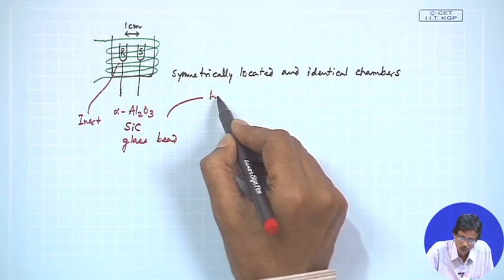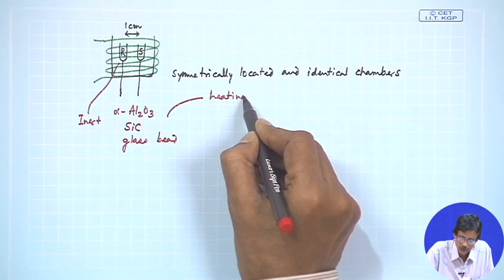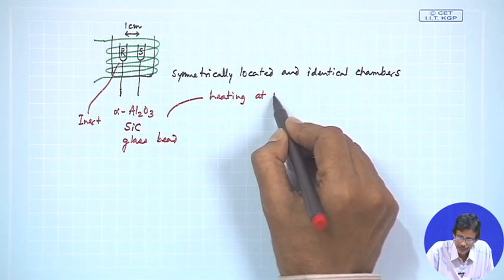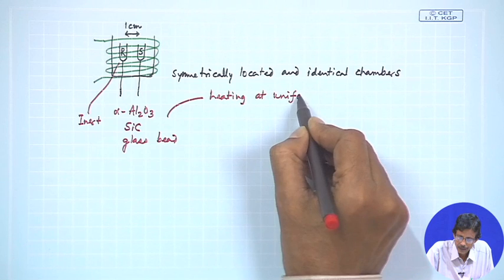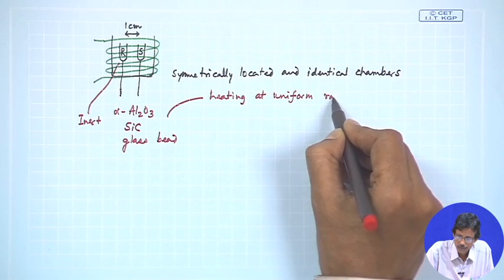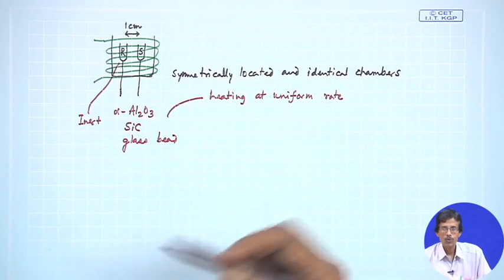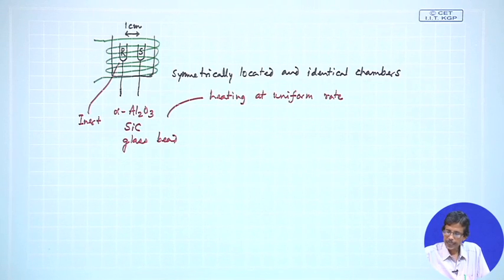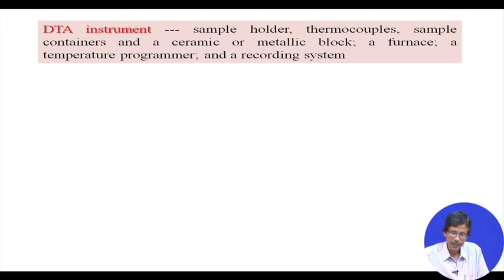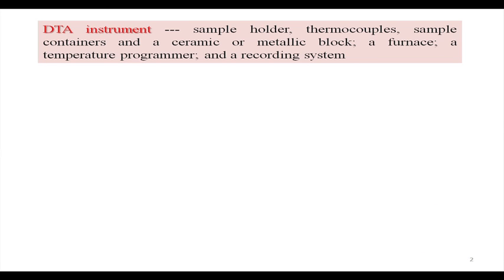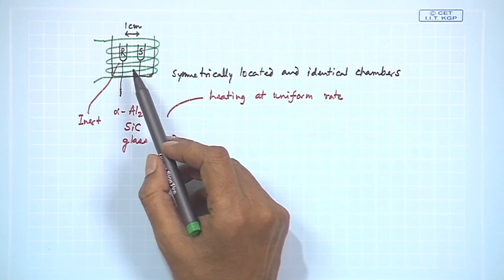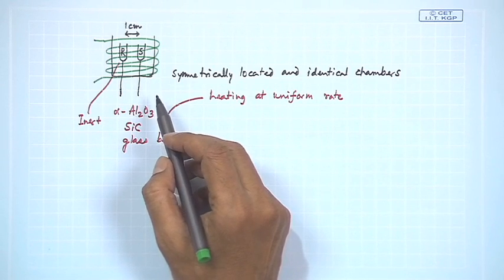So, the heating will be done at a uniform rate, and we see the corresponding temperature change, where one may be increasing and the other is not increasing linearly.